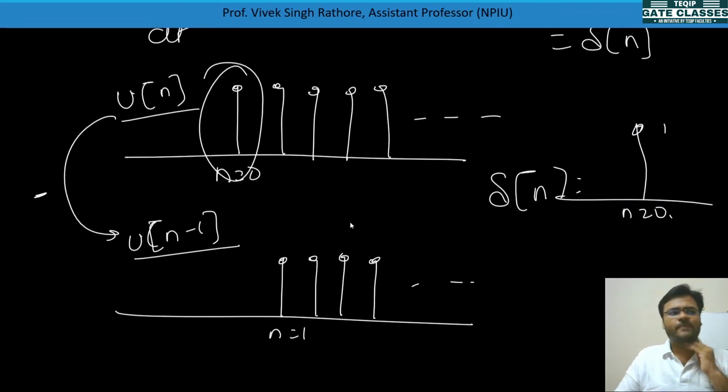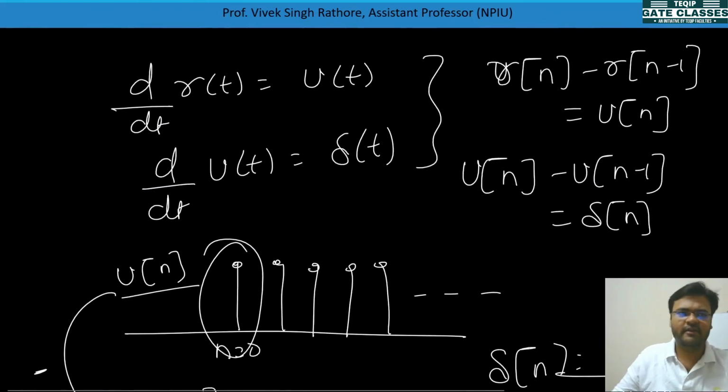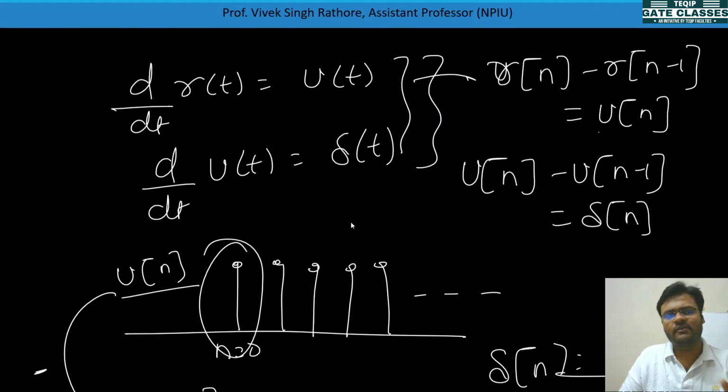So u of n minus u of n minus 1 is delta n, and similarly r of n minus r of n minus 1 is u of n. So the differentiation property exists in the discrete time domain also.